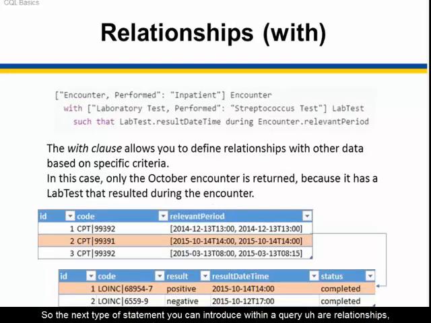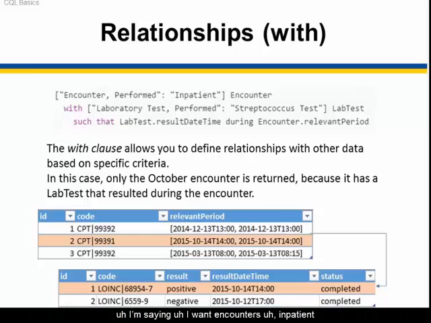So the next type of statement you can introduce within a query are relationships. So I can establish relationships between the data in my query and other related information. And I provide a relationship. I describe how I want that to be filtered.